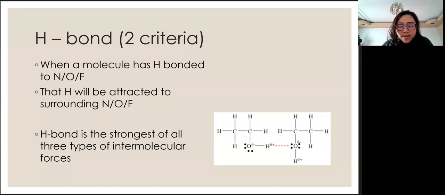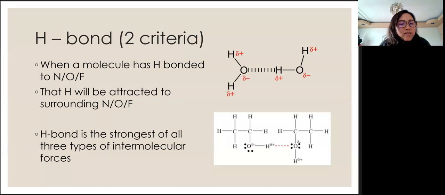Now, hydrogen bond, as the name indicates, must involve hydrogen. However, how involved does it need to be? The hydrogen that could form a hydrogen bond must satisfy two criteria, and the first criterion is where students mostly forget.